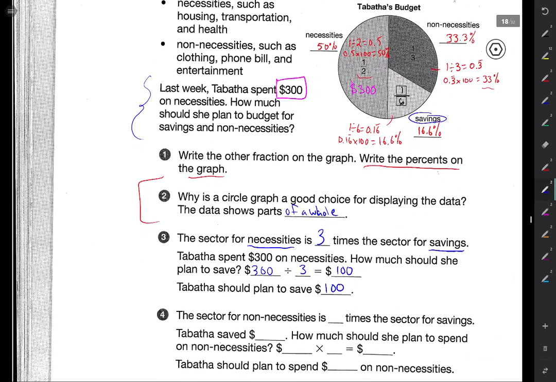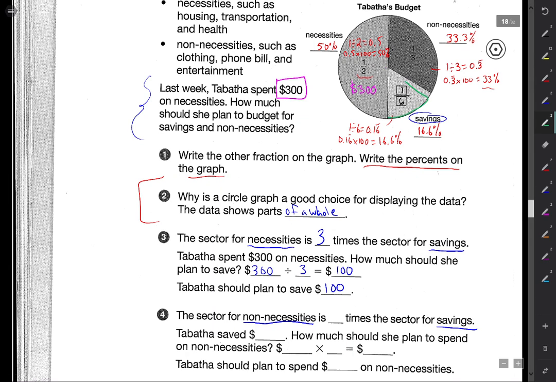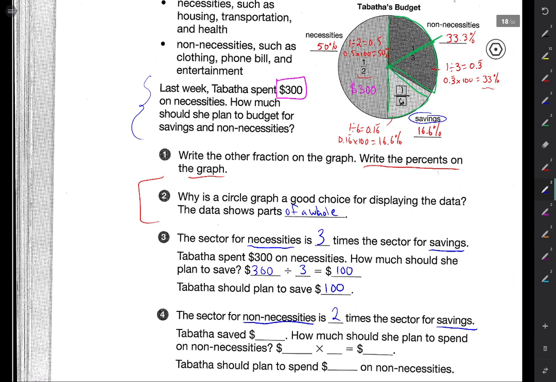Finally, let's look at the non-necessities compared to the savings. So the sector for non-necessities is blank times the sector for savings. So again, let's do the same thing. How many of these little savings sectors could we fit into the non-necessities one? So if we're roughly drawing it in here, we could fit 2 of them. So the non-necessities is 2 times the sector for savings. We know that Tabitha saved, and here I'll write it in the graph, we know she saved $100.